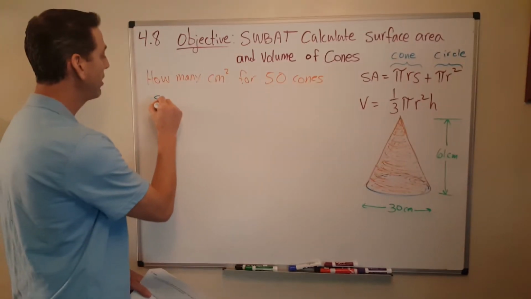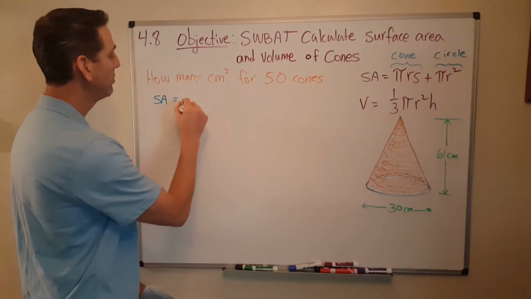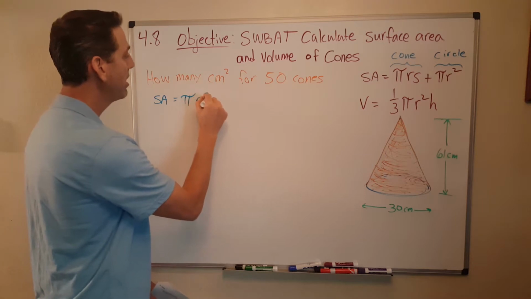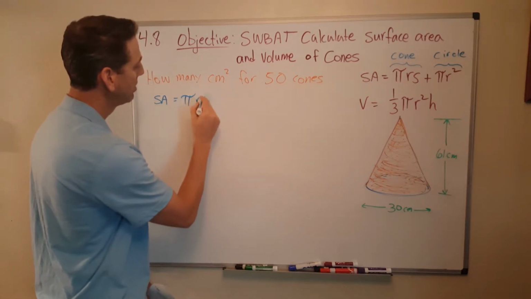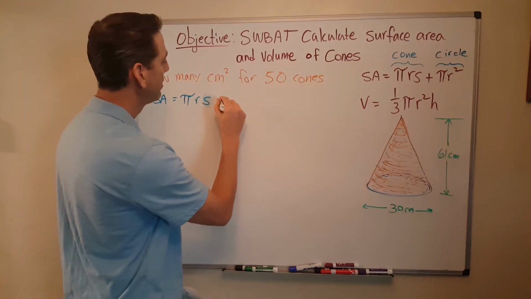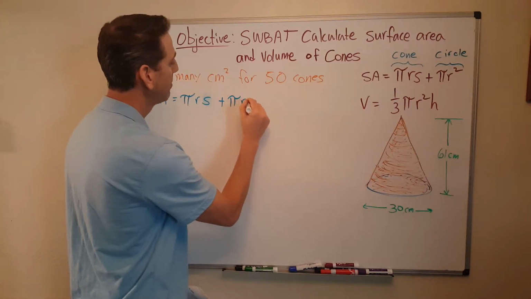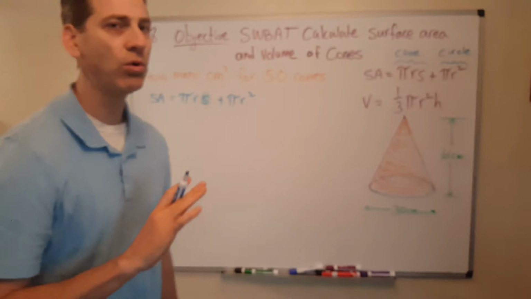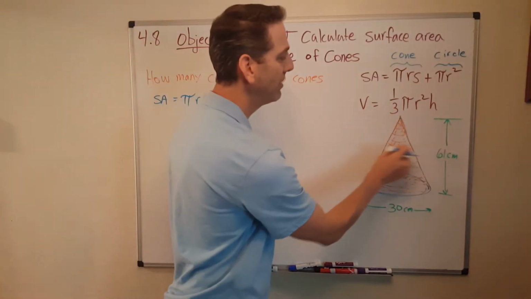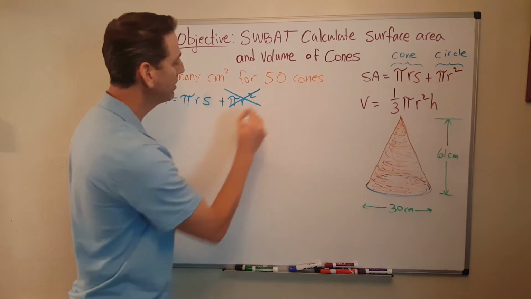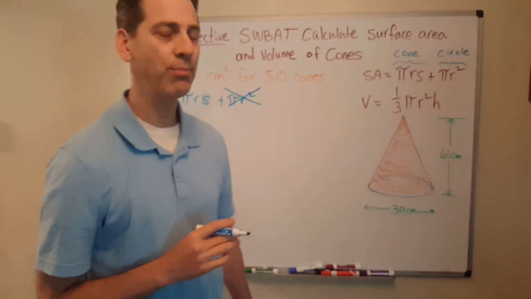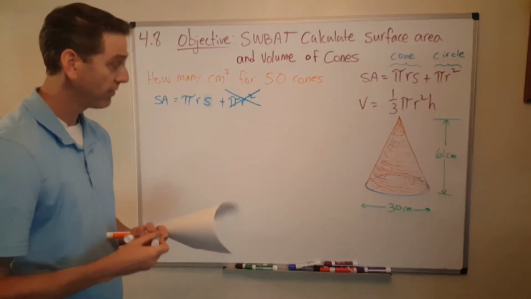Surface area equals pi r s, not pi r squared, pi r s plus pi r squared. But again, we're only going to be painting the orange, this cone part, so we're going to ignore the circular part.